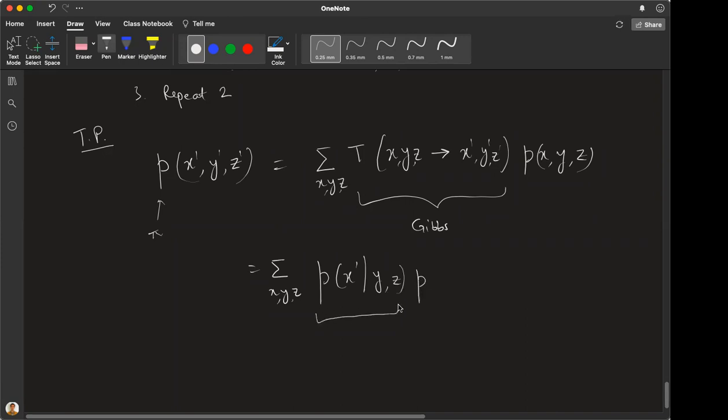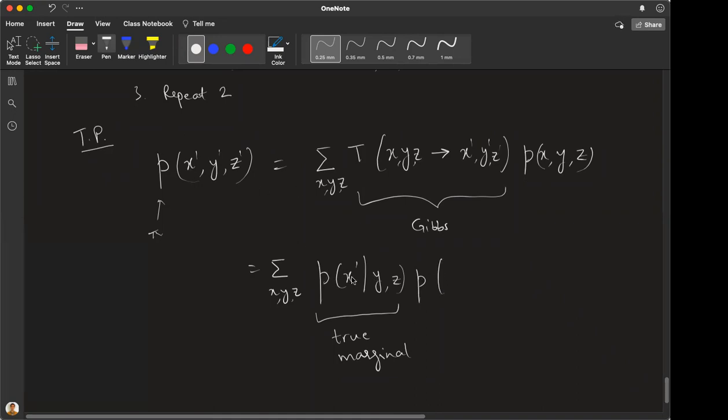Note that this is the true marginal, which is computed from the given p. This is not any approximation. This is the true marginal computed from this p.